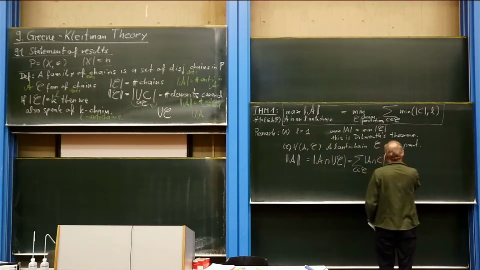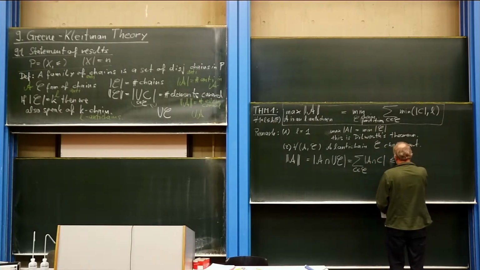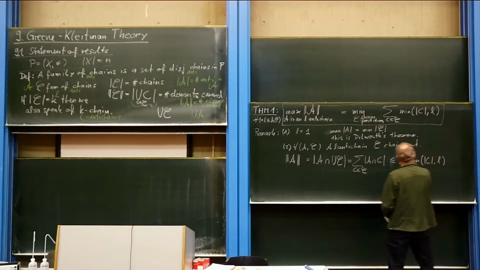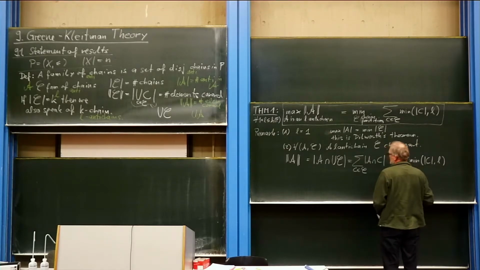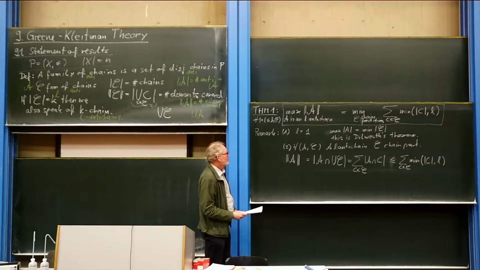So this is at most the sum of the minima of the size of C and L, where C is still over all chains in the chain partition.